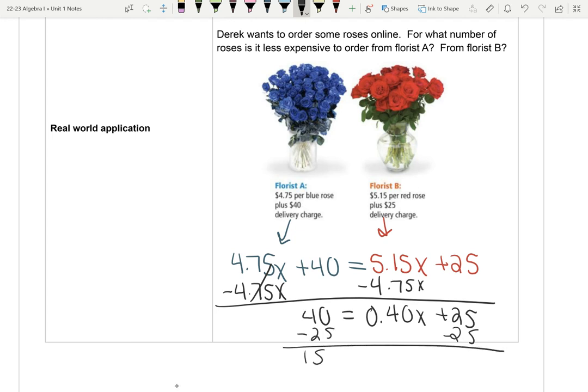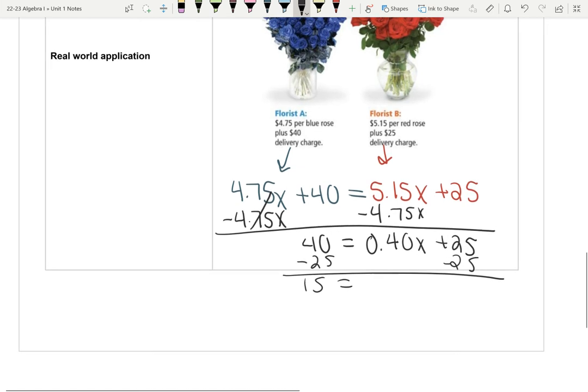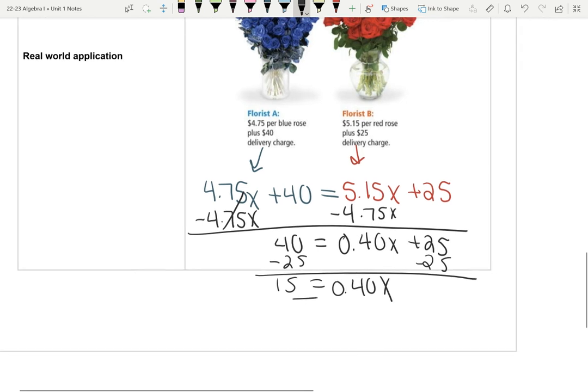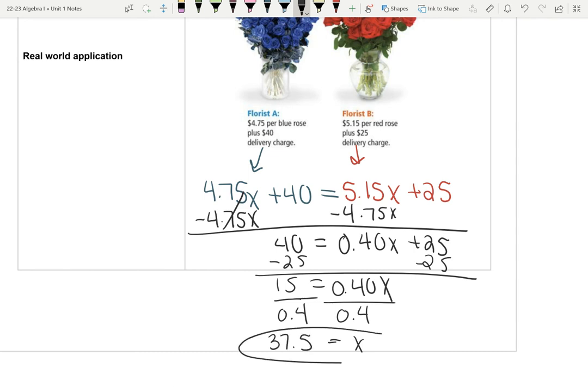So I get 15 is equal to 0.40x. And I'll take 15 divided by 0.40, and I'm going to get that x is equal to 37.5. So that means at around 37 or 37 and a half roses is when they are equal.